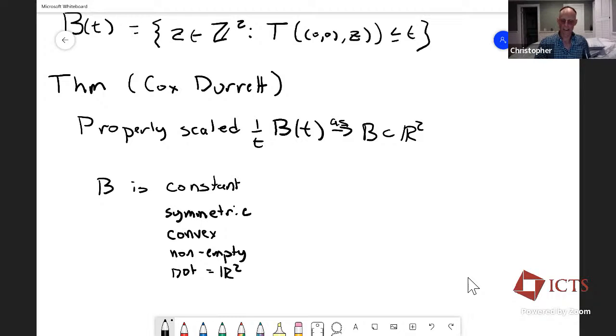Therefore, I will argue that although we have these really beautiful theorems that say knowledge about what this set B is gives me knowledge about the geodesics, we might be better off trying the alternate approach of learning things about the geodesics and then using that to say something about B.